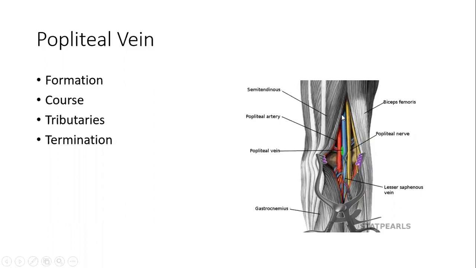And within the upper part of the popliteal fossa, it enters the adductor hiatus to continue as the femoral vein. Tributaries of the popliteal vein include the veins that correspond to the branches of the popliteal artery and the small saphenous vein.